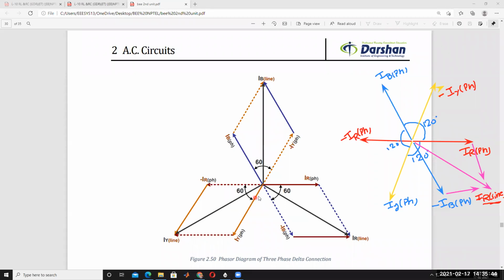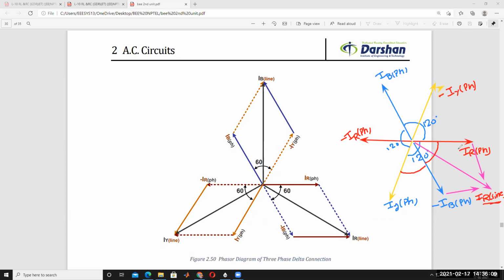Okay, understood. The angle between IR phase and IB phase is 60 degrees, exactly divisible. Minus IB phase is exactly dividing the 120 degrees. That means here 60 degrees, and here 60 degrees, same here also 60 degrees.